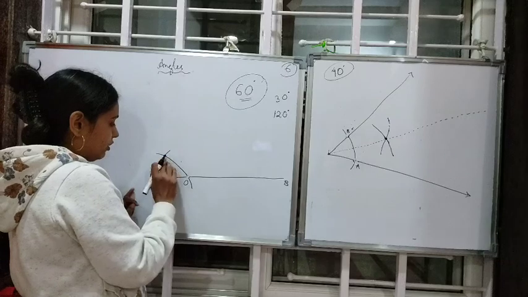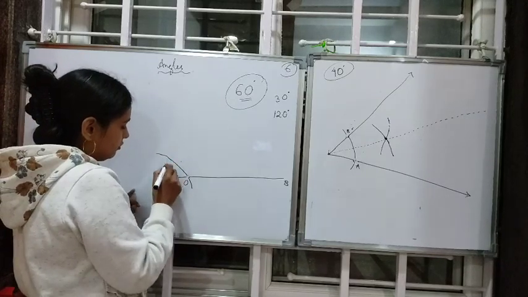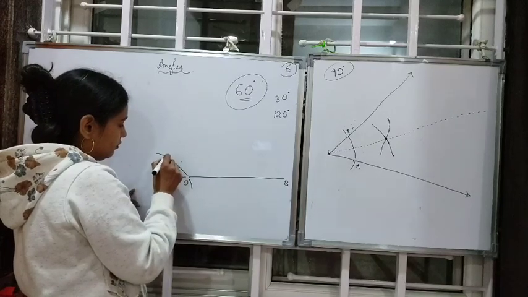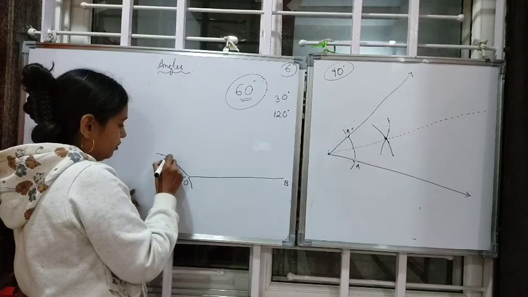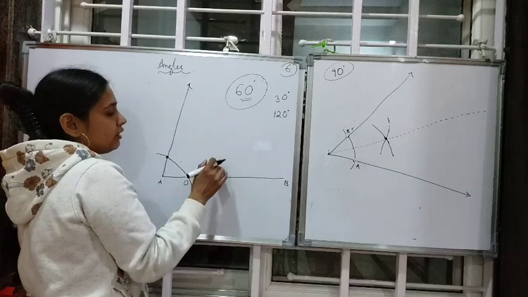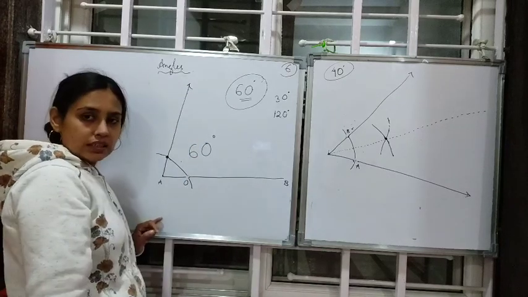Join this point of intersection and produce it. You will find that this angle is 60 degree.